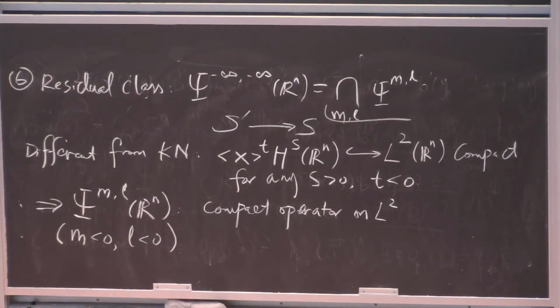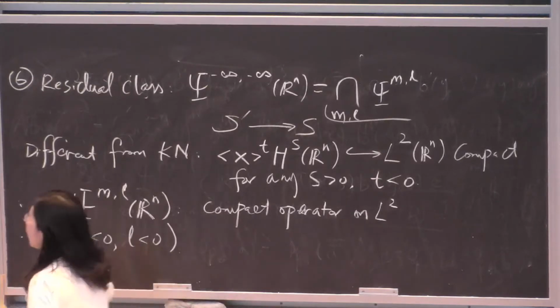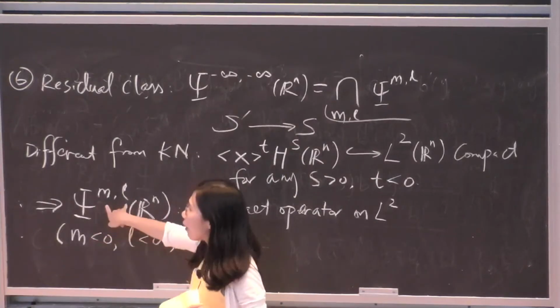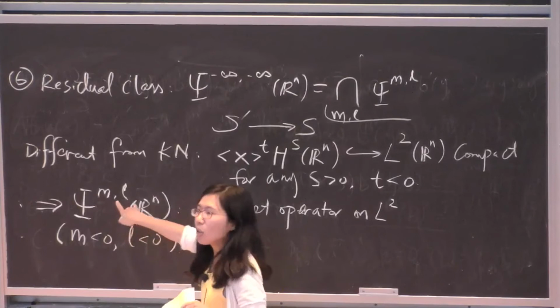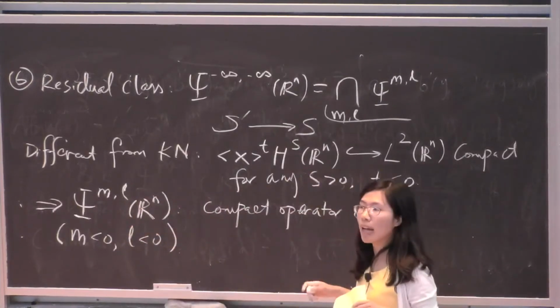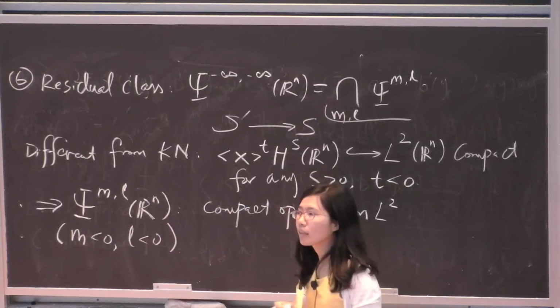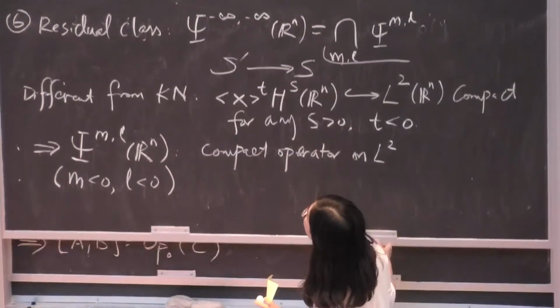Because by using the mapping property here, if I act on L2, because of this m, l, I'll map into a weighted space, where the weighted space is sitting in L2 compactly. So that's very different from the Kohn-Nirenberg class, and that's going to be useful.